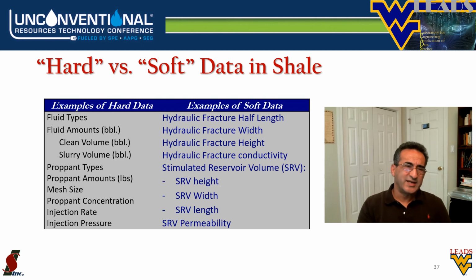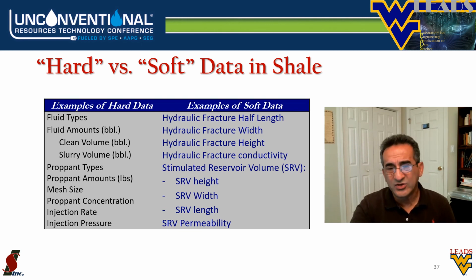The difference is that in the numerical reservoir simulation, you use a lot of soft data: hydraulic fracture half length, width, height, conductivity. None of this really exists from a measurement point of view. Then stimulated reservoir volume. A lot of people use microseismic to do that. A lot of work has been done, but if you read the papers, you find out it is 50-50 whether the SRV is correct or wrong.